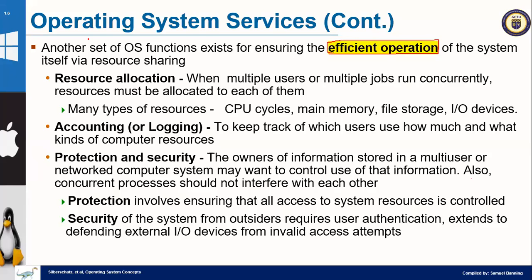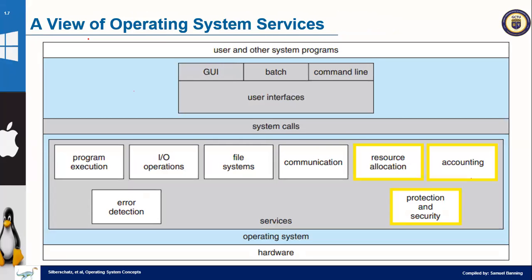So when you break these functionalities down, or when you put them all together, you can represent them in this diagram. The diagram here represents all the functionalities that we've talked about, both on behalf of the user for convenience and for efficient use of the computer resources.